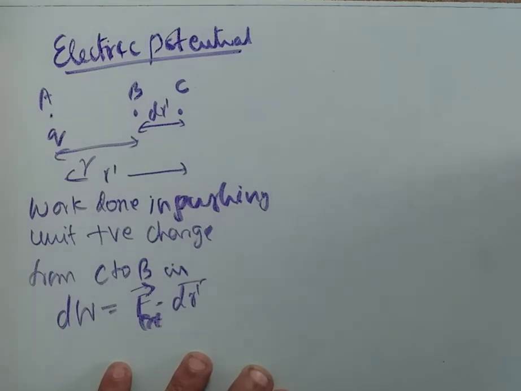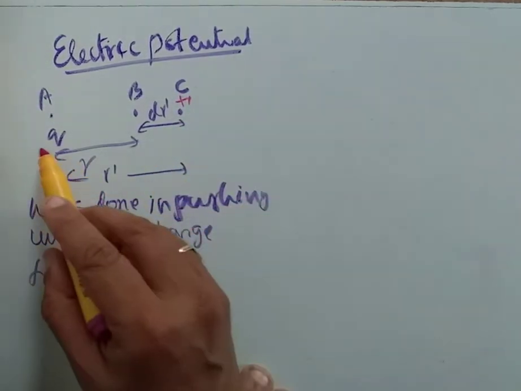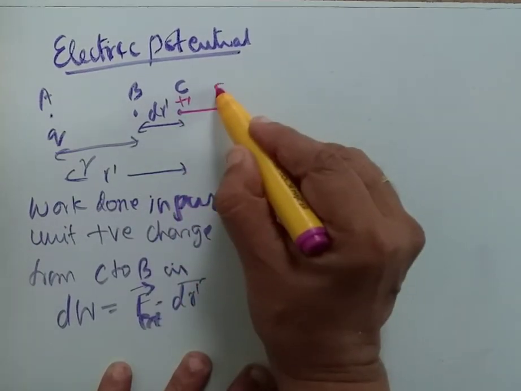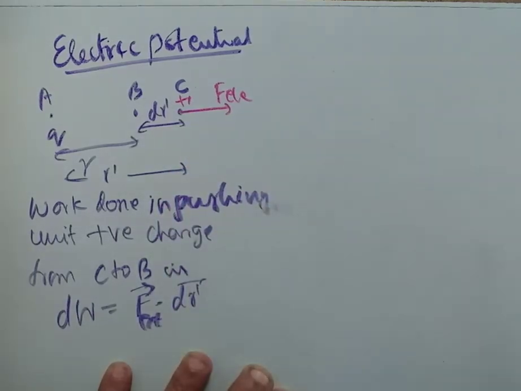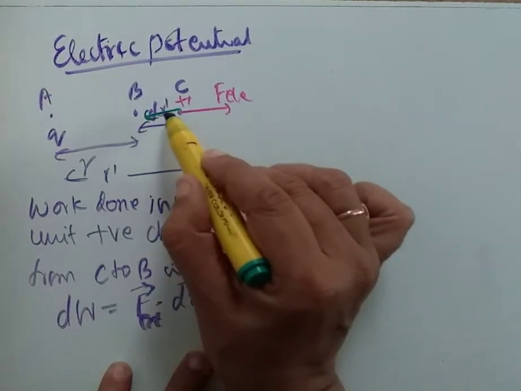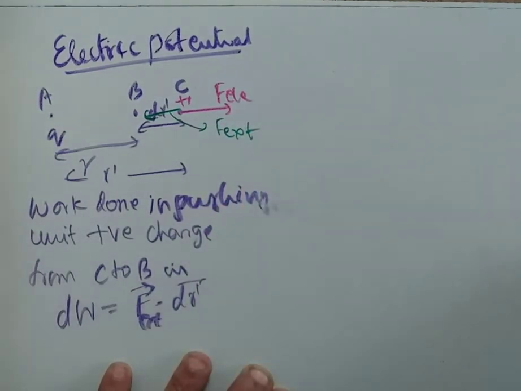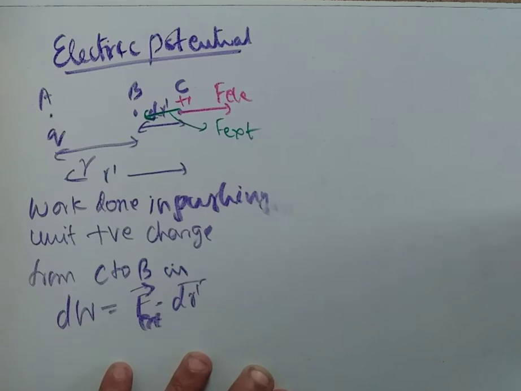But what is the electric force acting on a unit positive charge placed at this point? These two are positive, so there is a repulsion this way. This is F electric. And in the opposite direction, F external will be there, this green one. Therefore, to calculate the work done, we replace F external by F electric.